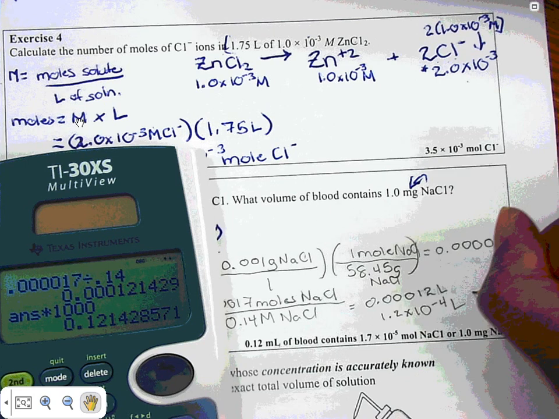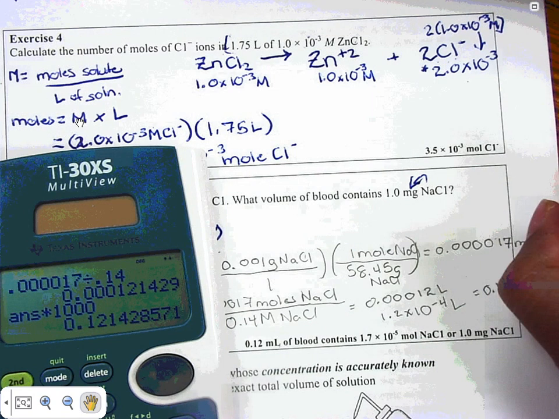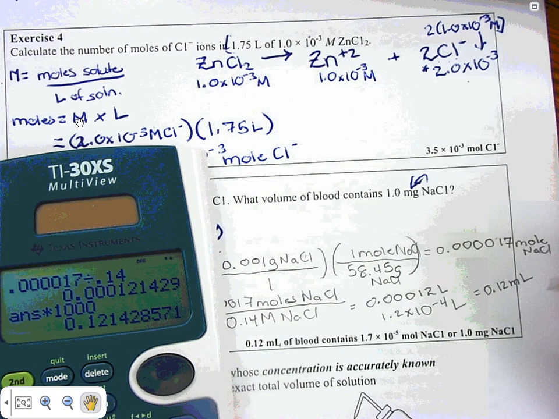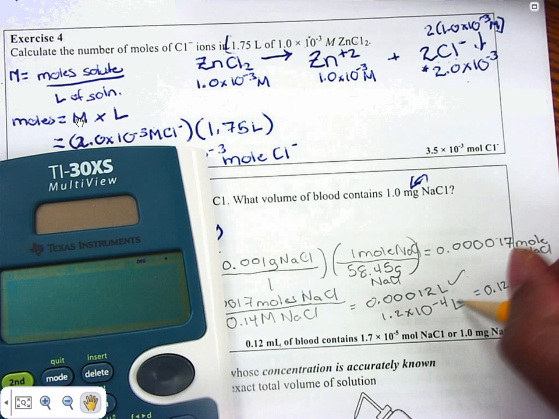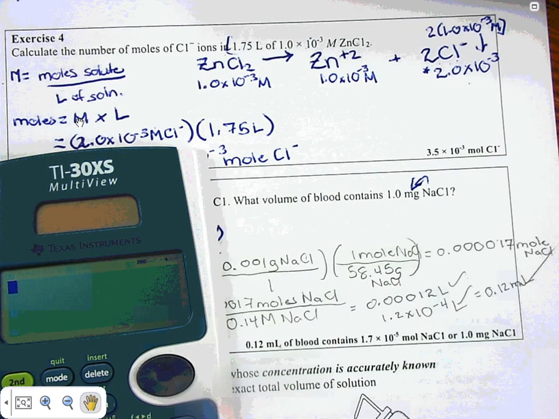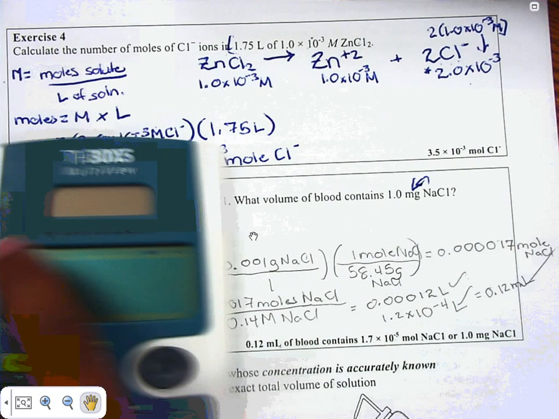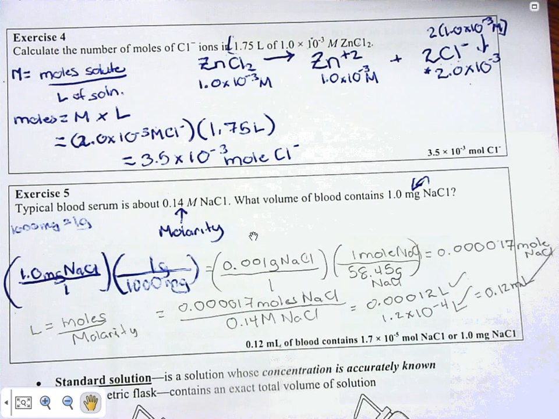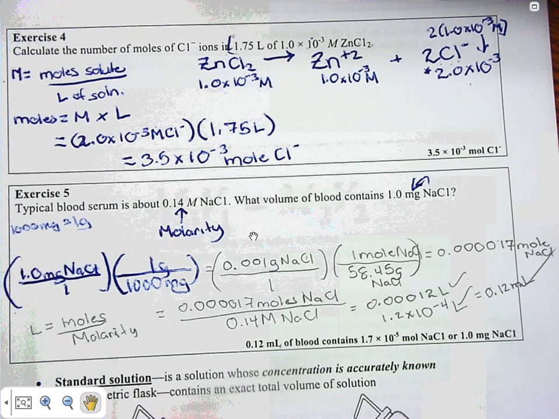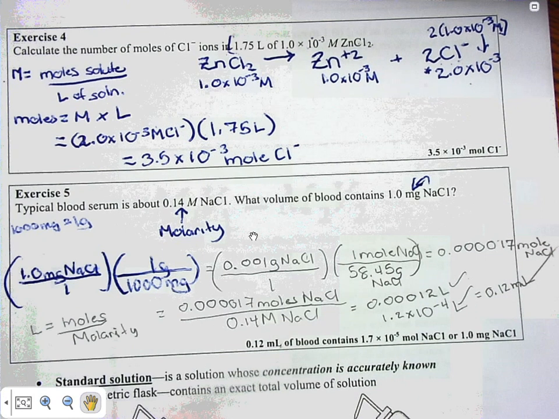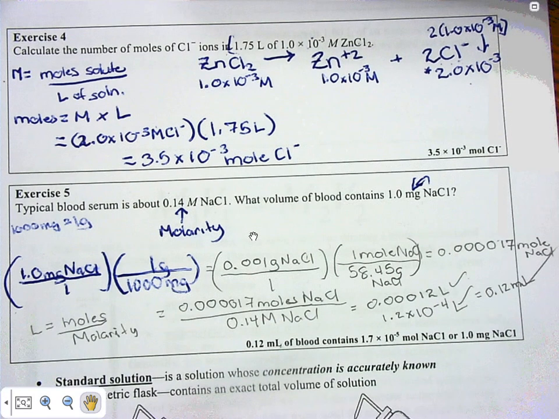And that's equal to 0.12 milliliters. So all of this checks out. And that is how you solve a molarity-based question when you're trying to solve for one of the other variables, such as liters or perhaps even moles.